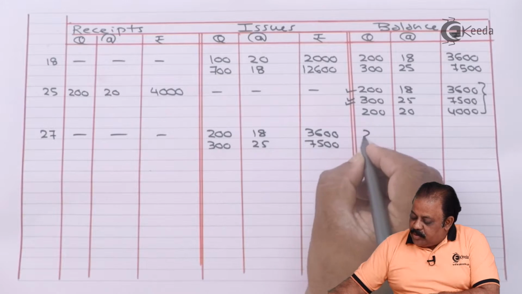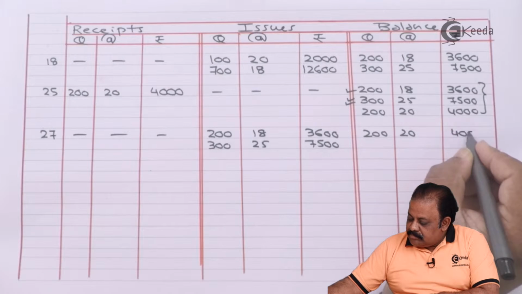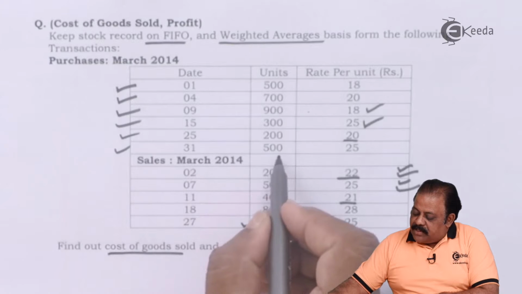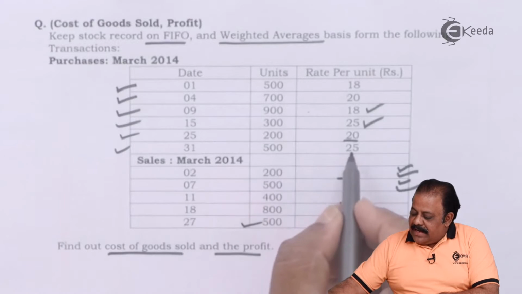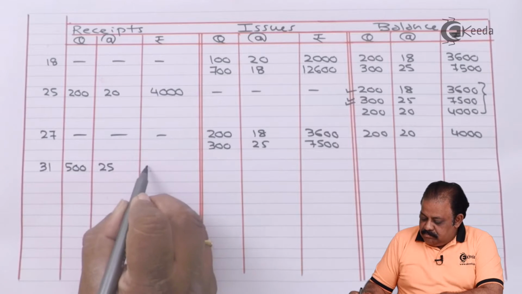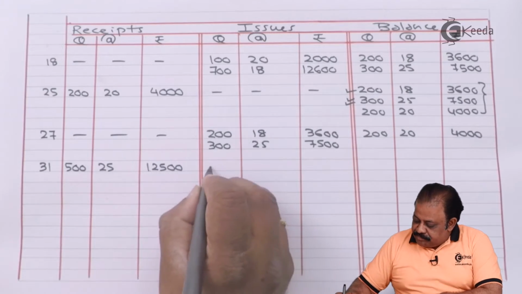So balance units will be 200 units at the rate of 20. Amount is 4,000. On 31st March, there is purchase of 500 units at the rate of 25. So it will be 12,500.